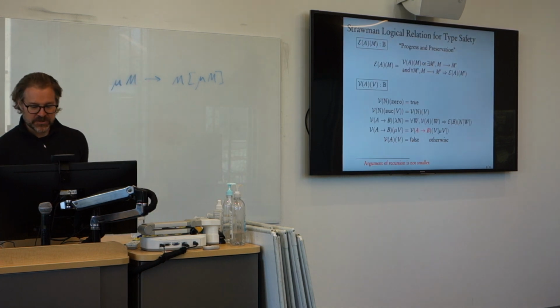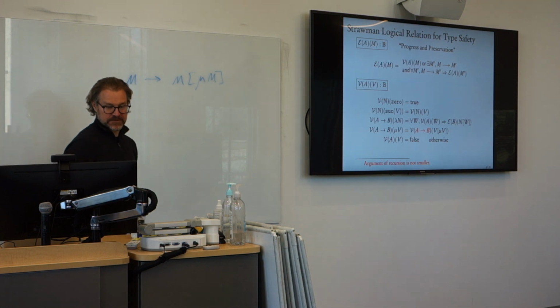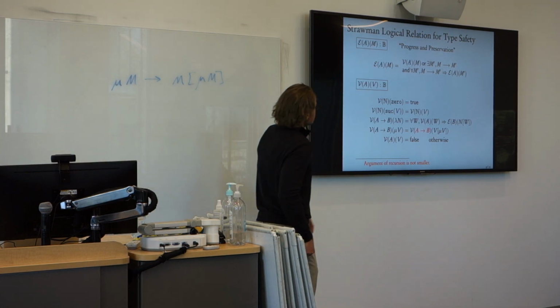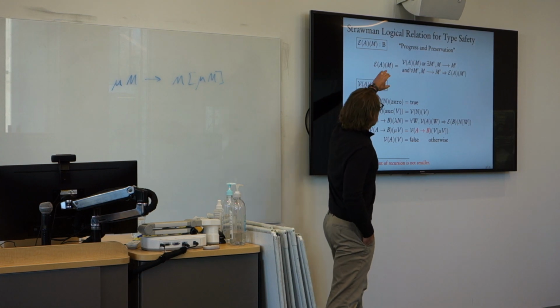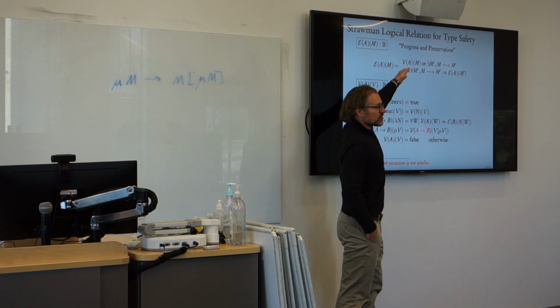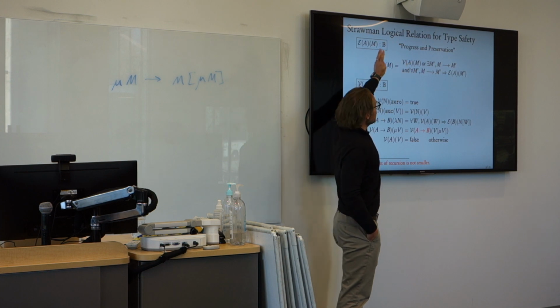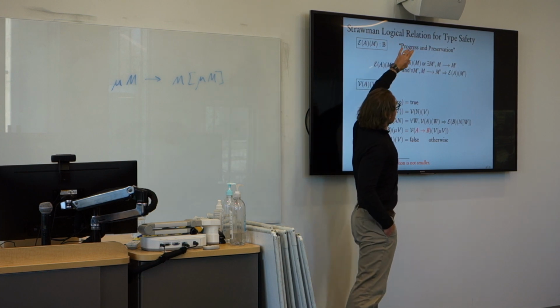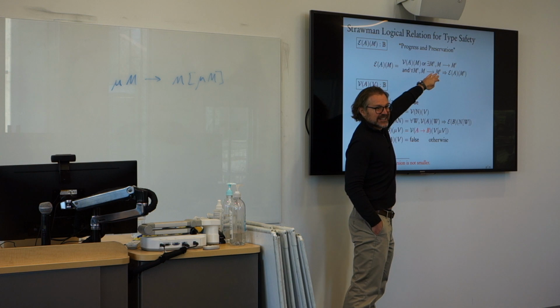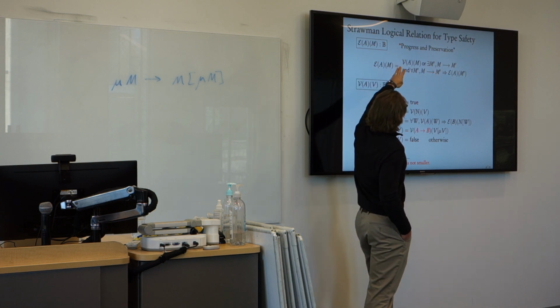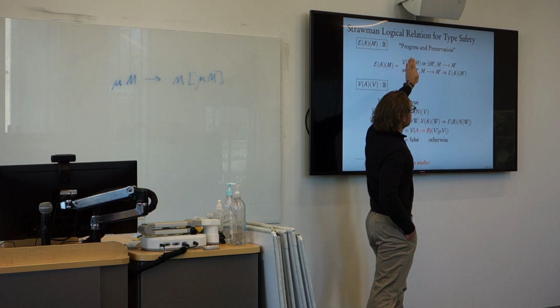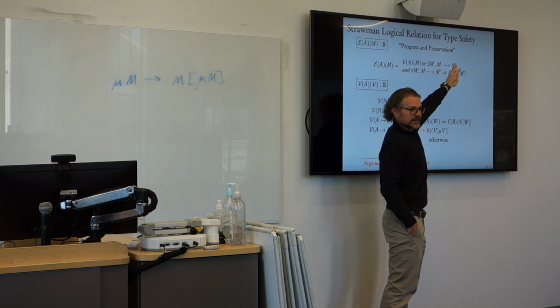All right. So here's a first attempt at type safety. Let's start with the fancy E. What I've written down here for the definition of fancy E is essentially progress and preservation. Let's start with the progress part. Normally progress would say either M is a value or you take a step.